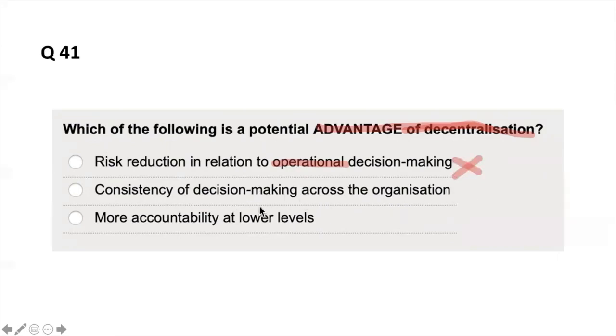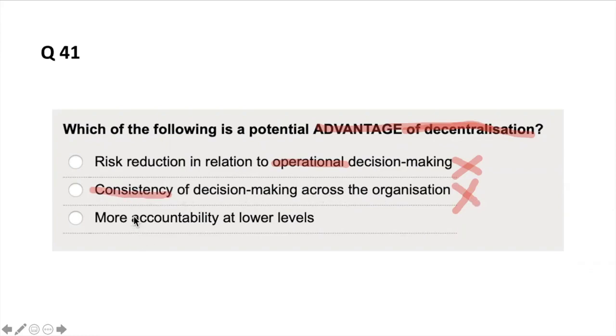I just said that decentralizing allows others to make decisions on their own, which is empowering others. Therefore, this is not the answer, because you won't be consistent with what headquarters are telling you. For example, decision-making could be done at local level, so there may not be consistency. You have consistency when you're centralized, not decentralized.